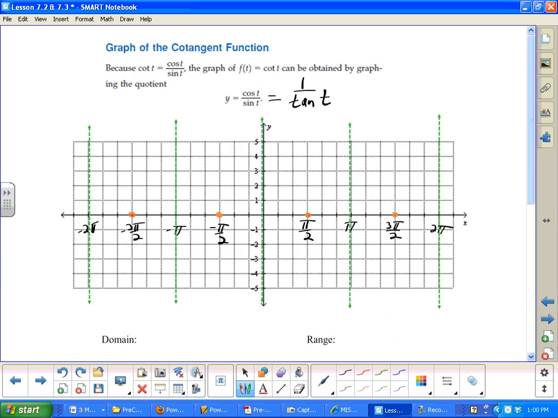Now, cotangent is the reciprocal of tangent, right? Okay. So when tangent is 1, cotangent is 1. Okay, so when is tangent equal to 1?